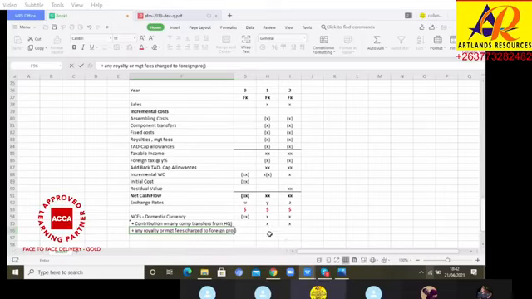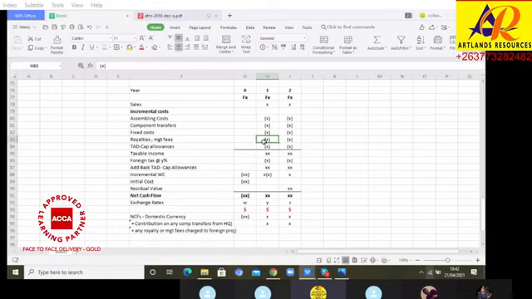If we are charging management fees to the foreign project, it's a cost to the project, but where is the money going? It's coming to us. So we add it here.